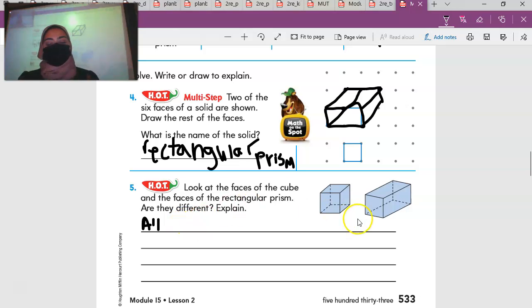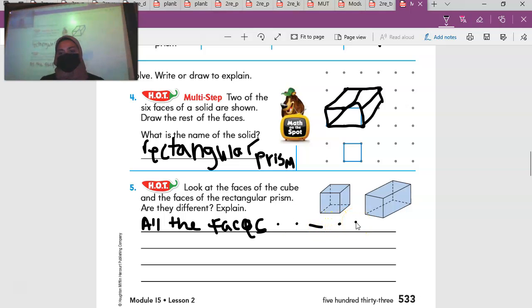All of the faces of a cube are square. And then you're going to write a period, and then we're going to talk about rectangular prism.